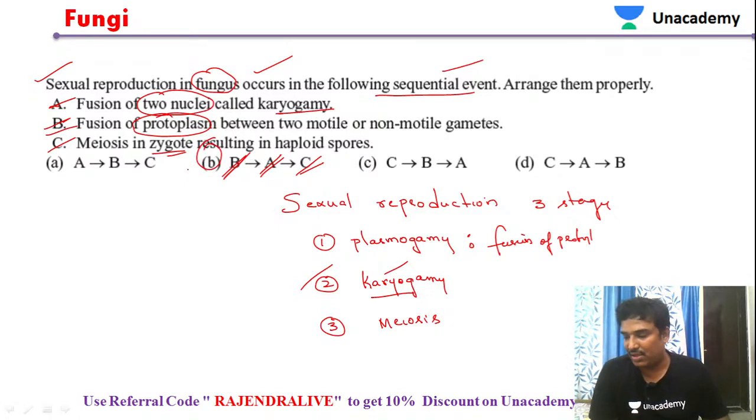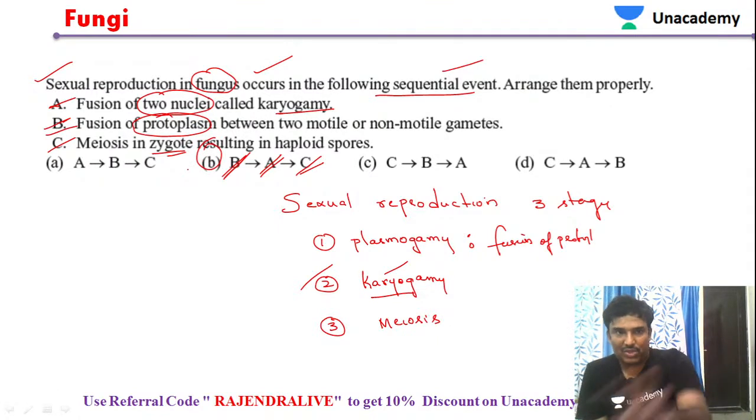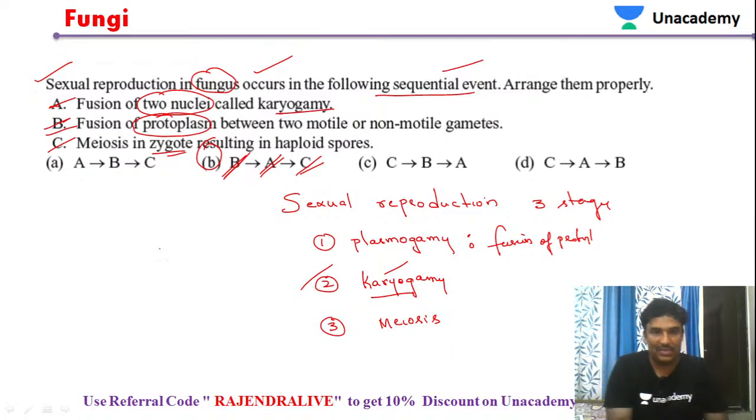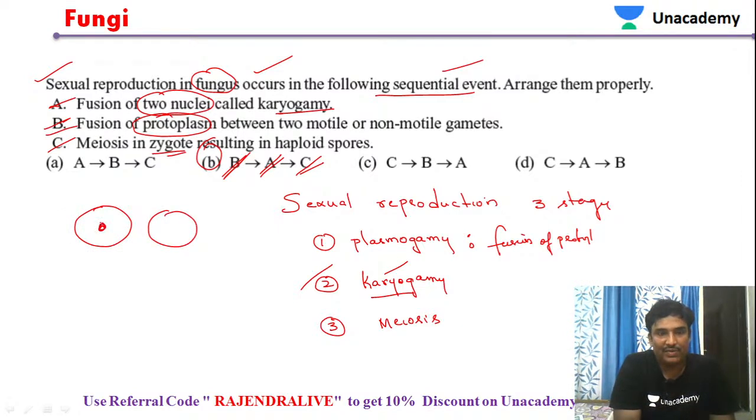Okay students, so that is about this question. Sexual reproduction in fungi has 3 major stages: plasmogamy, karyogamy, and meiosis. Plasmogamy is fusion of protoplasm, and karyogamy is fusion of nuclei. After that, the zygote formation takes place. For example, this is one fungal cell and this is another fungal cell, each with one nucleus, plus and minus.